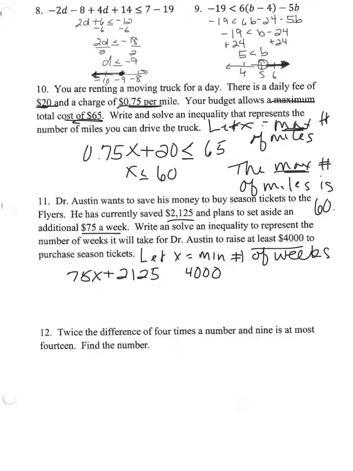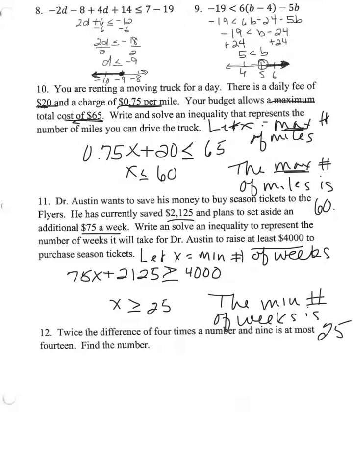So 4,000 is the lowest number, so this value can be greater than or equal to 4,000. So again, I'm going to solve it the same way we did all the other problems, and you're going to get x is greater than or equal to 25. So the minimum number of weeks is 25.